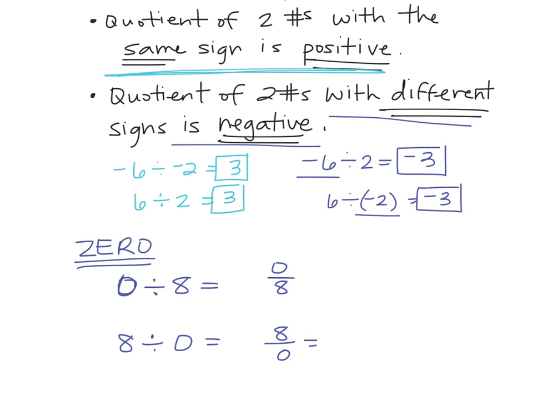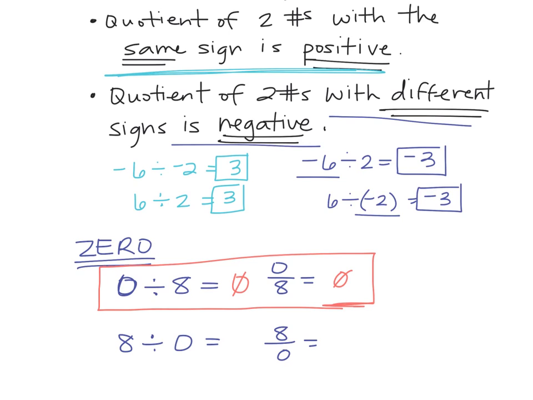If I do 0 divided by a number, does anyone know what you would get? 0. 0 divided by a number is always 0. And I will explain to you why in just a minute.